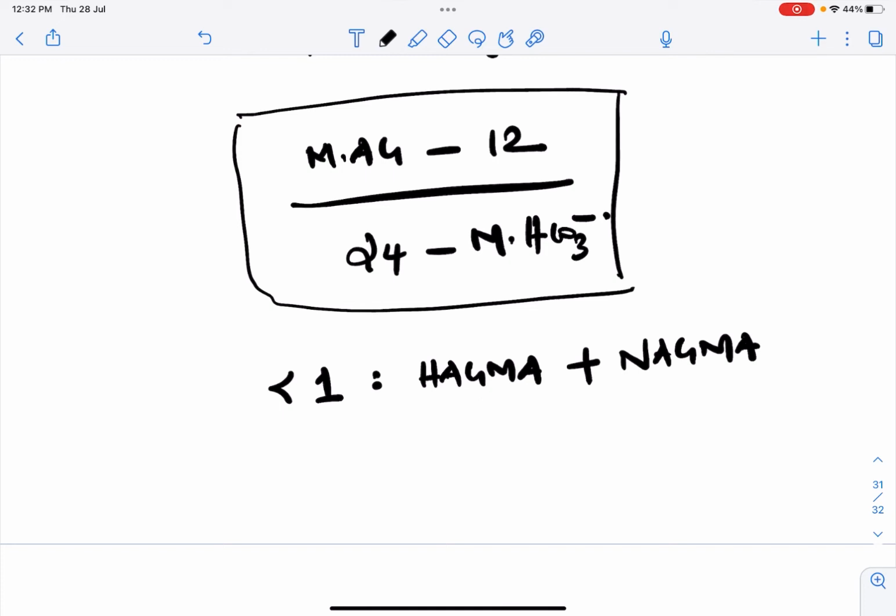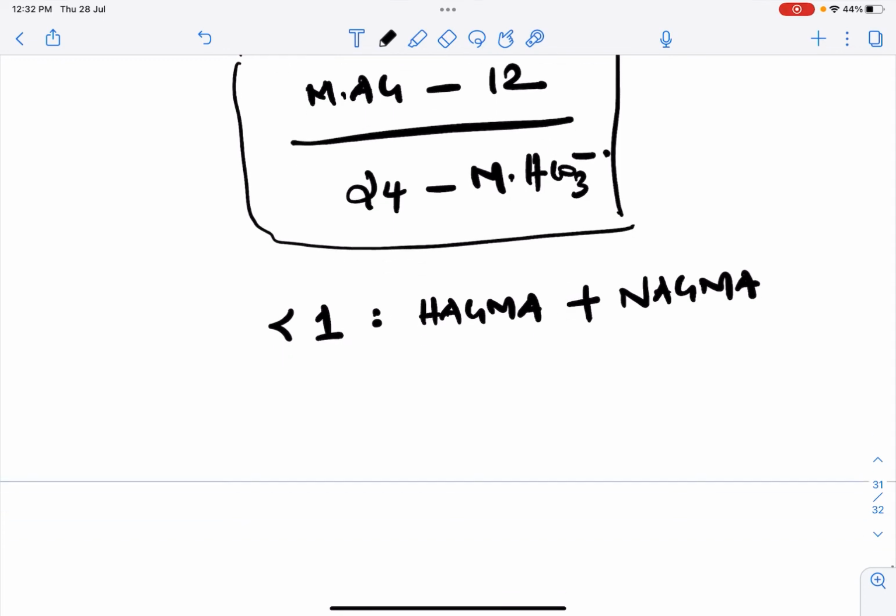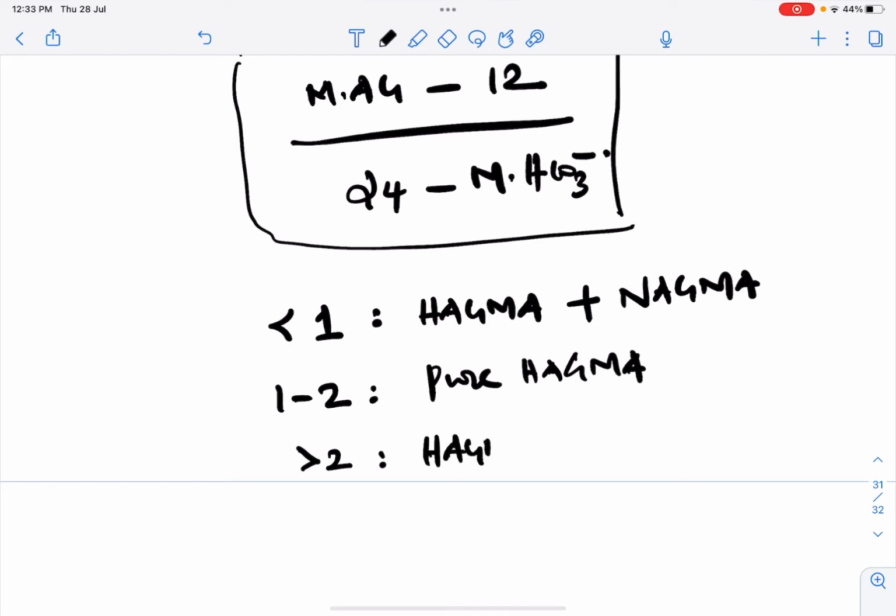If it is less than 1, the interpretation is HAGMA plus NAGMA. If it is 1 to 2, it is pure HAGMA; there is no normal anion gap metabolic acidosis associated. And if it is more than 2, it is HAGMA plus metabolic alkalosis.